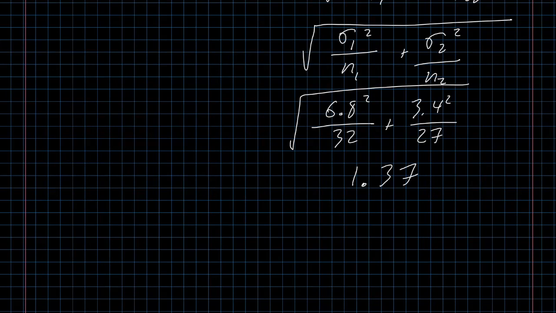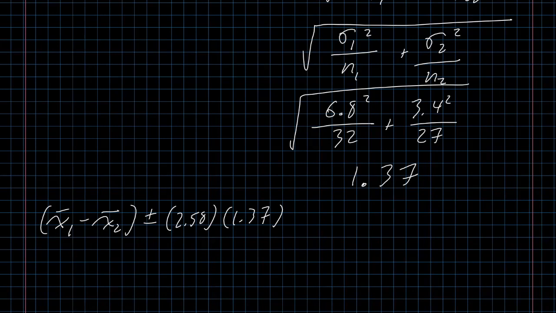Now we want to take our estimator, x1 minus x2, plus or minus our z-score, 2.58, times all of this mess. So x1 minus x2 was approximately 7.3.